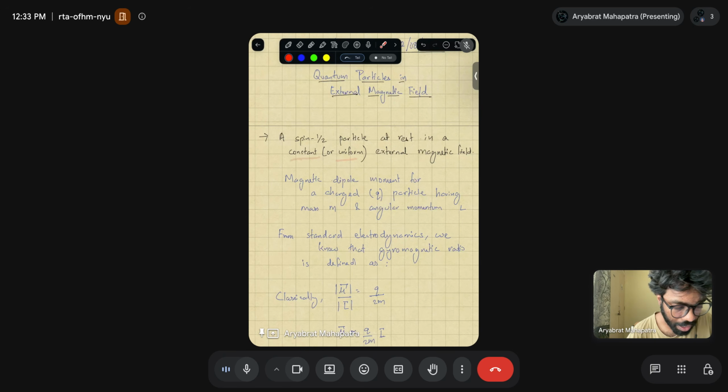The spin-half particle that we are talking about is basically a quantum particle. It can be an electron or proton, and electrons and protons also carry charge. For a charged particle, there is something we are familiar with, the magnetic dipole moment.